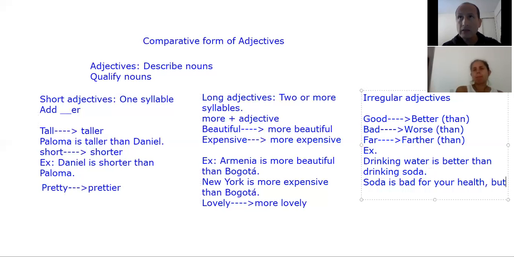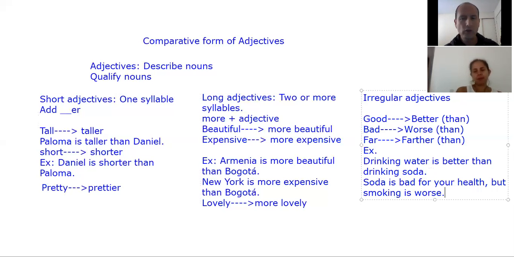Let's say another thing that is worse for your health. Okay, smoking. But smoking is worse. Okay, we can leave it like that, okay? Soda is bad for your health, but smoking is worse. La gaseosa es mala para tu salud, pero fumar es peor.